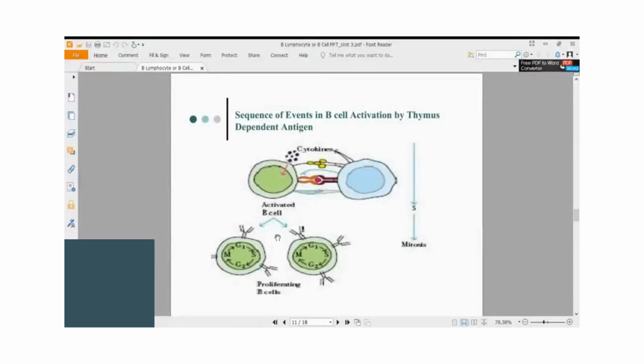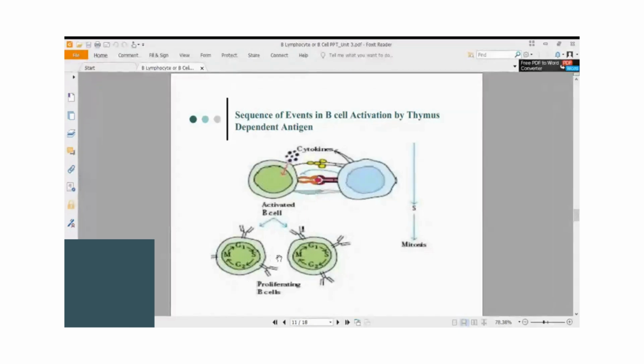Now, high affinity. But it is not possible for all the B lymphocytes that are going to be clonally proliferating. The clonal proliferation, millions of B lymphocytes will produce in that activation process. Of them, some of them will fail. In that variable region recombination with the constant region, some of the receptors that are going to be put in will be once again with low affinity or no affinity.